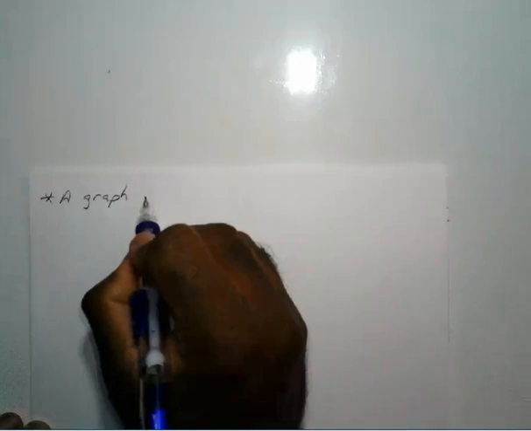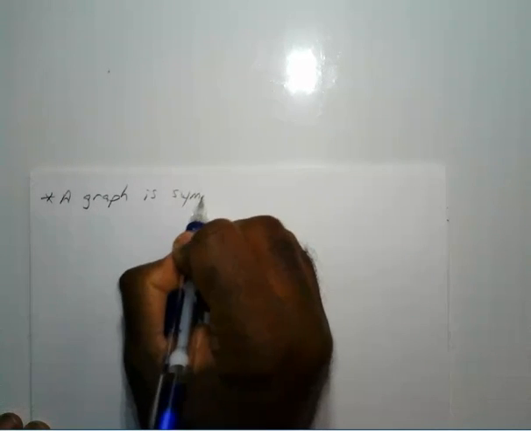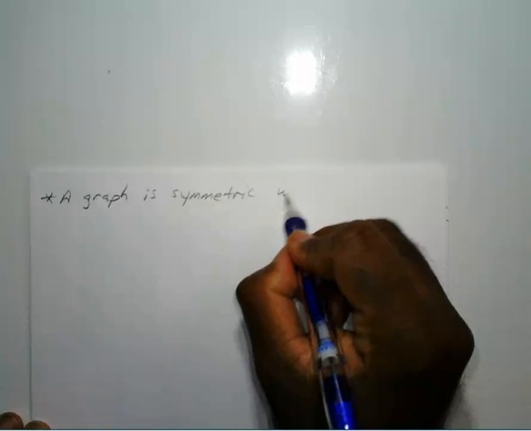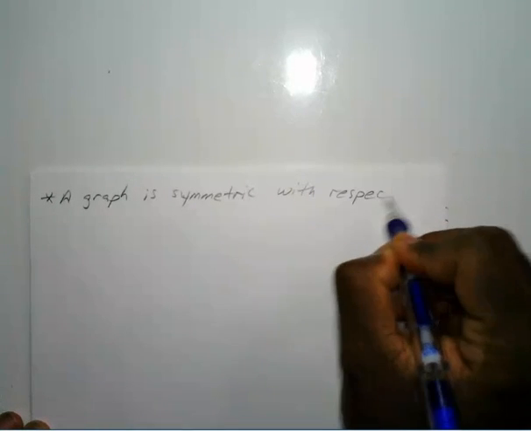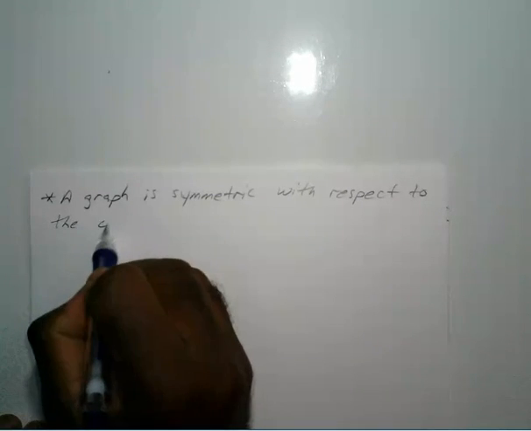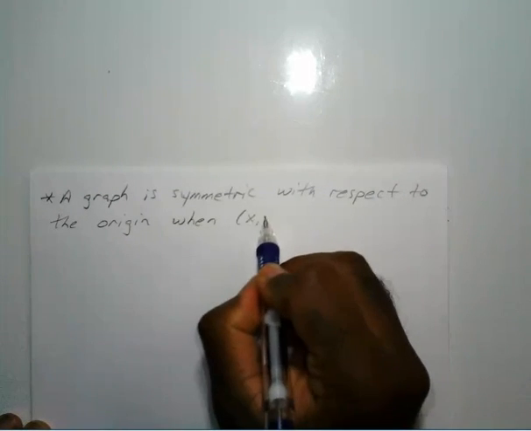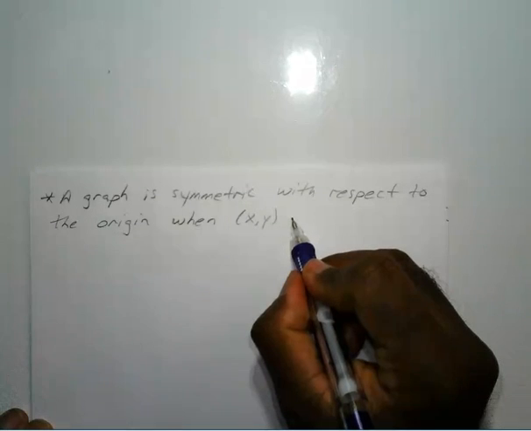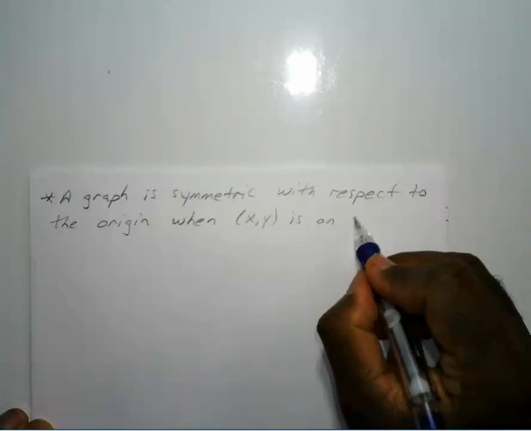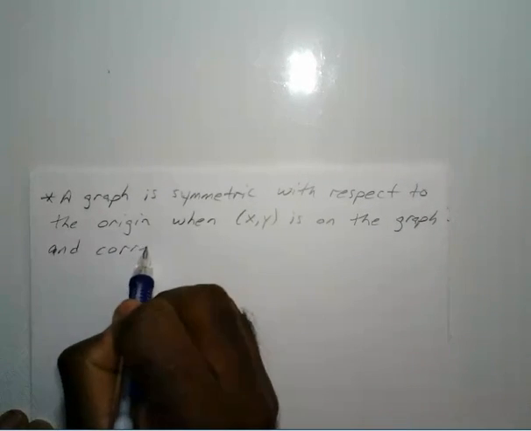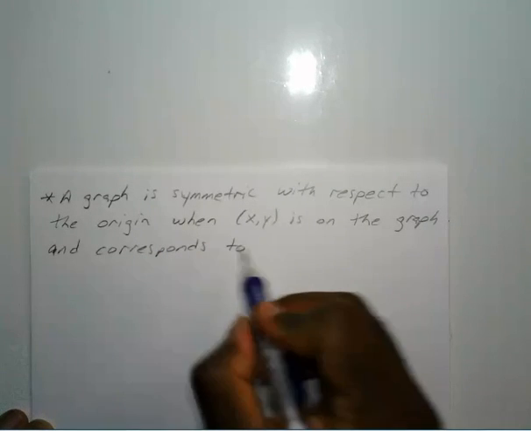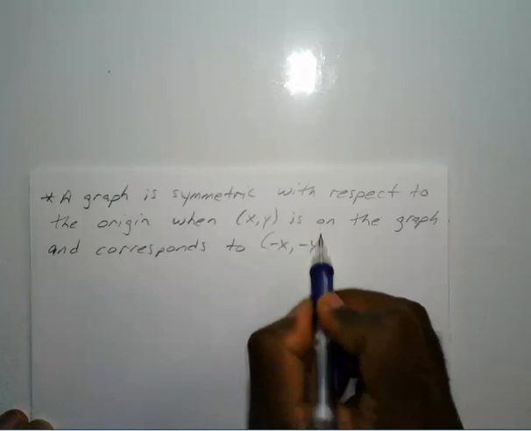Okay, now the odd function is a little different than you might be expecting. A graph is symmetric with respect to the origin when a point x comma y is on the graph and corresponds to negative x comma negative y.